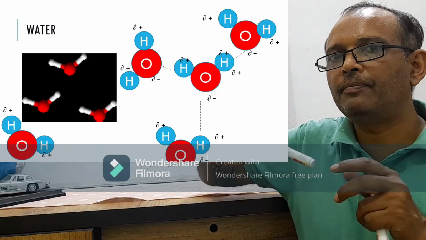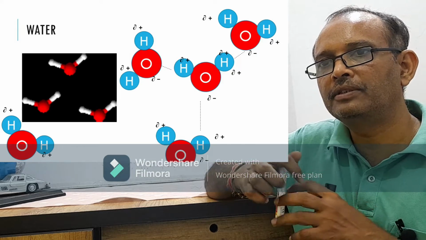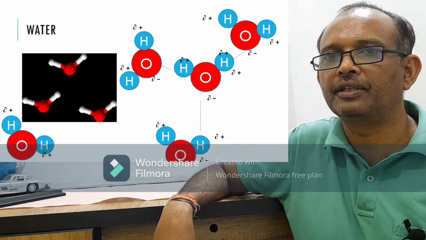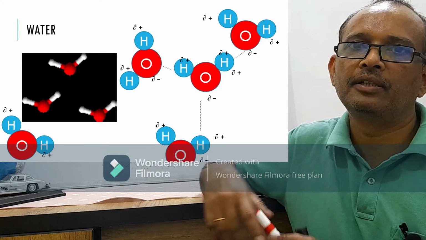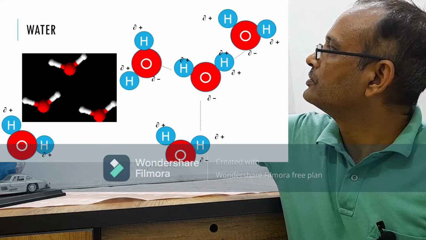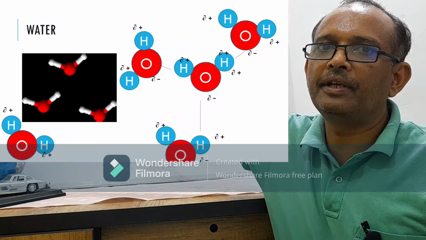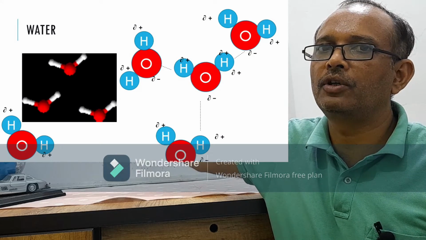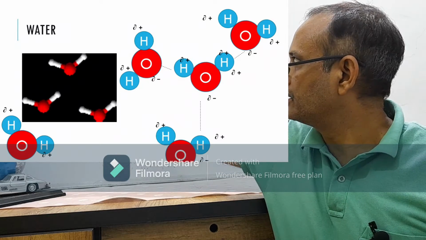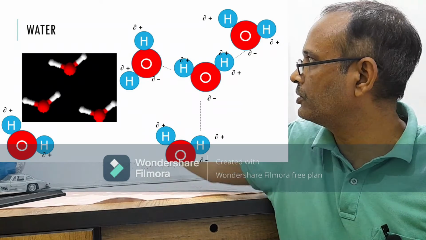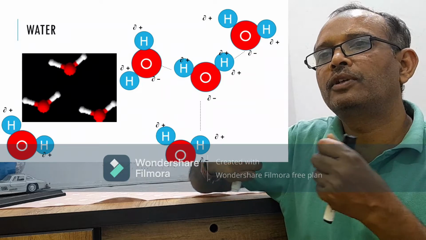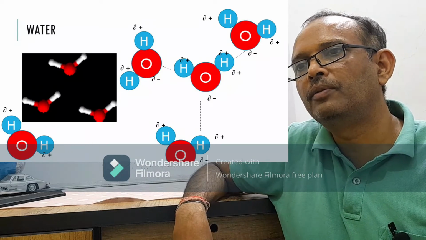So we get a dipole, which means the bond is partially ionic. This is a covalent bond with partial ionic character, with positive and negative poles created, called a dipole, and this dipole interaction between molecules gives rise to somewhat weak forces between the molecules.